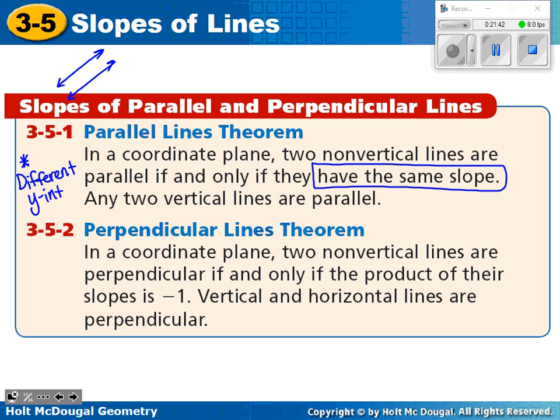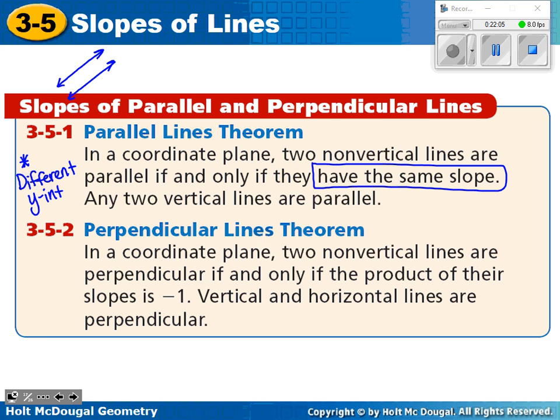So for example, if one line had a slope of 2/3, the other perpendicular line, Jackson's right, would have to be negative, but it wouldn't have the same numbers. They would be the reciprocal of each other, 3/2. Did you guys learn in Algebra 1 that perpendicular lines have opposite reciprocal slopes?